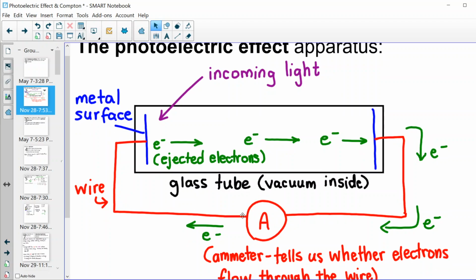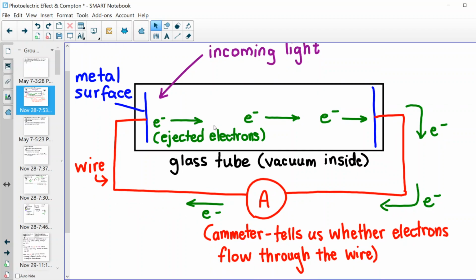And in the wire, we've hooked up an ammeter. If electrons are flowing, there's going to be a reading on the ammeter, and then we know the photoelectric effect is happening. If no electrons are flowing, because maybe the incoming light isn't energetic enough, then the reading on the ammeter would just be 0, and that would tell us that nothing is happening.